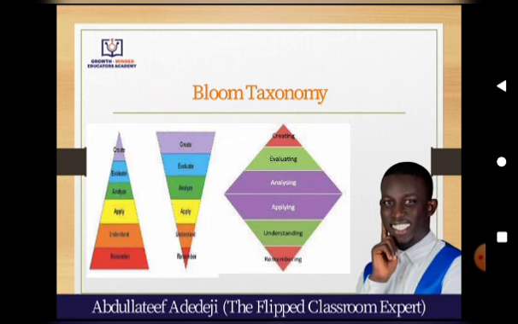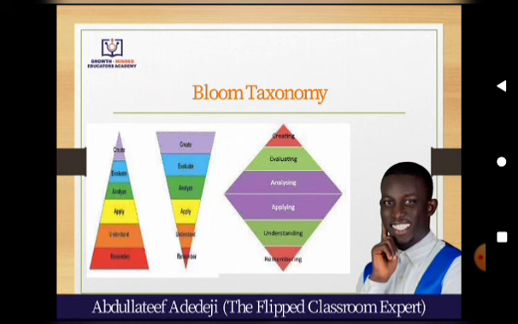Okay, and to also mention this, all these are actually in the verb form, so they have their own noun form. So in noun form, instead of just remember, you're going to say something like knowledge. Understanding, you're going to say something like comprehension. Apply, you say something like application, analysis, evaluation, and creating.